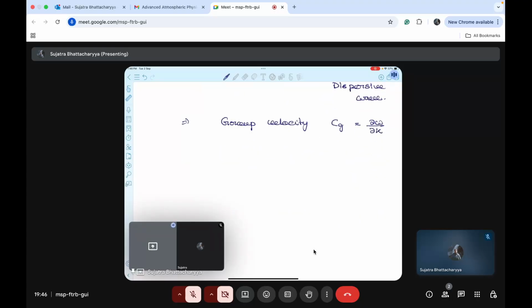When you do that, Cgx, the x component of group velocity, is delta omega by delta k, and Cgz is delta omega by delta m. This comes out to nm square divided by (k square plus m square) to the power 3 by 2.